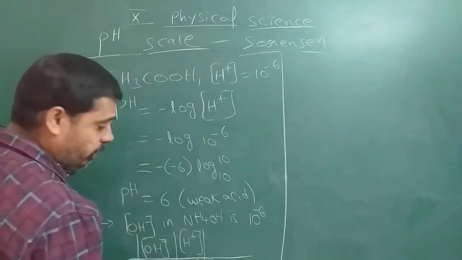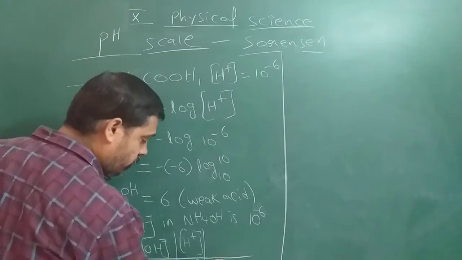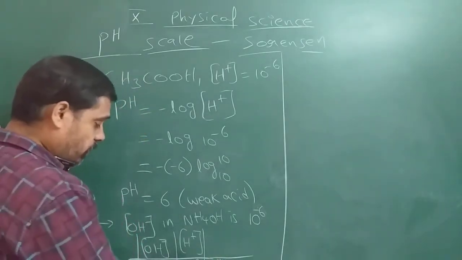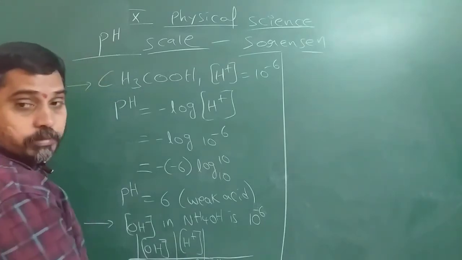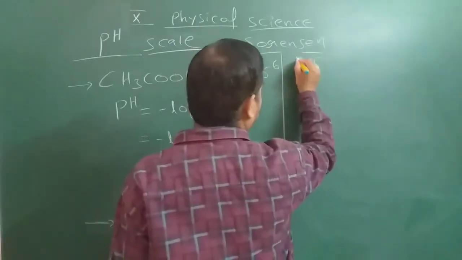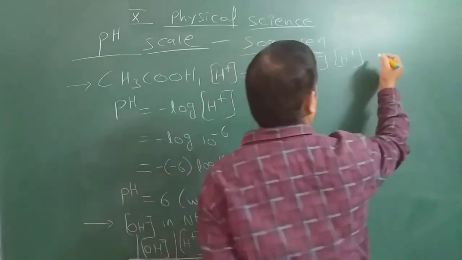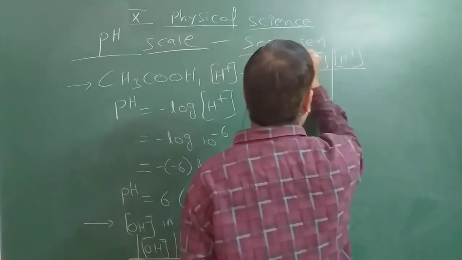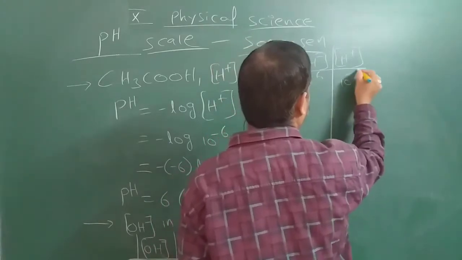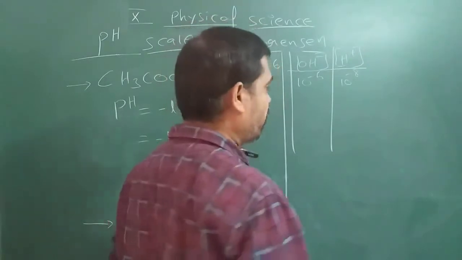Overall, the ionic product of water should be equal to 10 power minus 14. If you multiply, we should get 10 power minus 14.